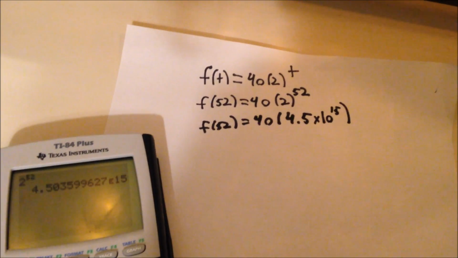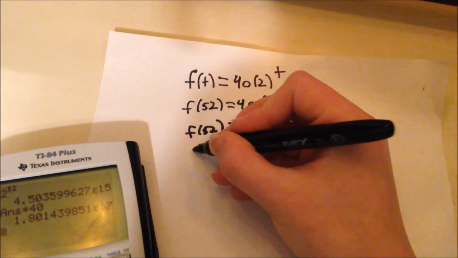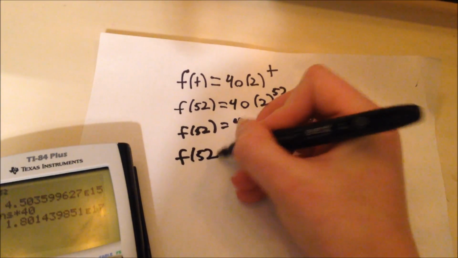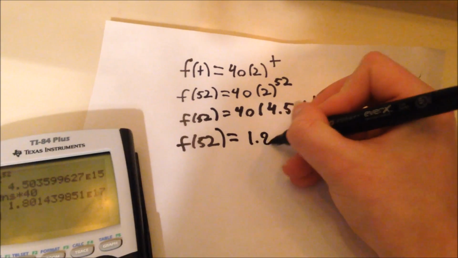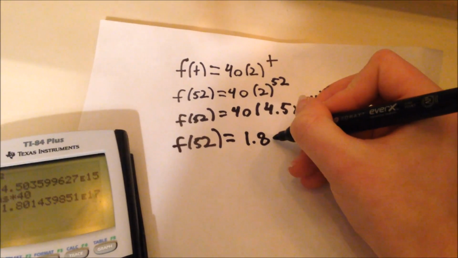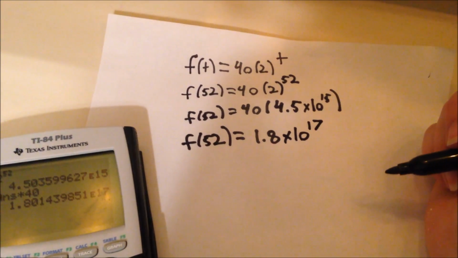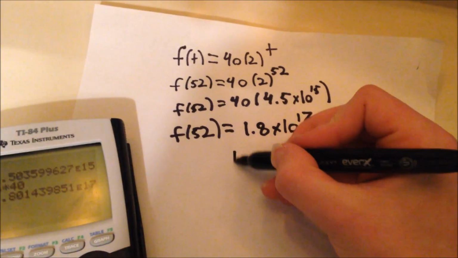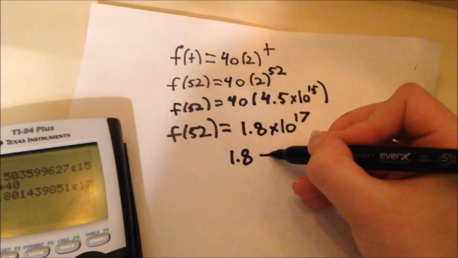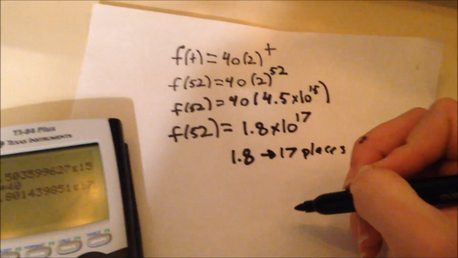So now we'll multiply this by 40, and that is a very large number. Imagine 1.8, but with the decimal moved about 17 places. That would make it a very large number.